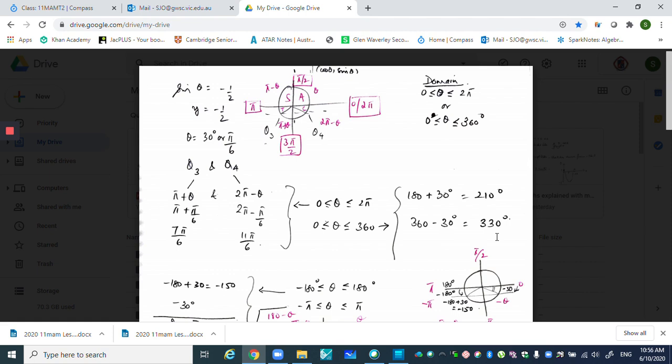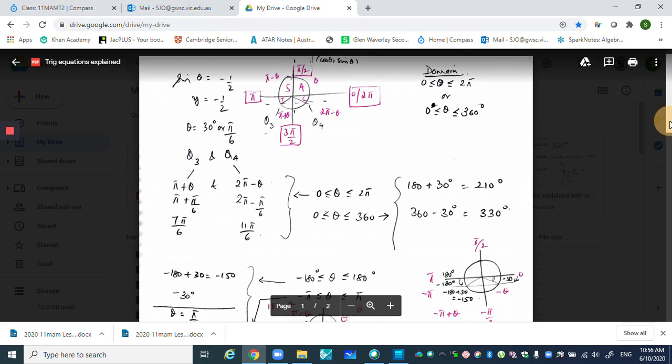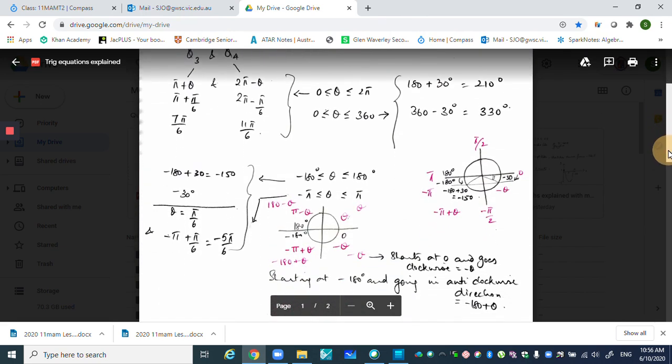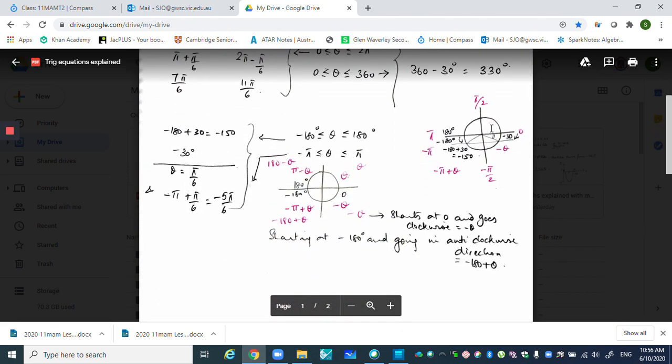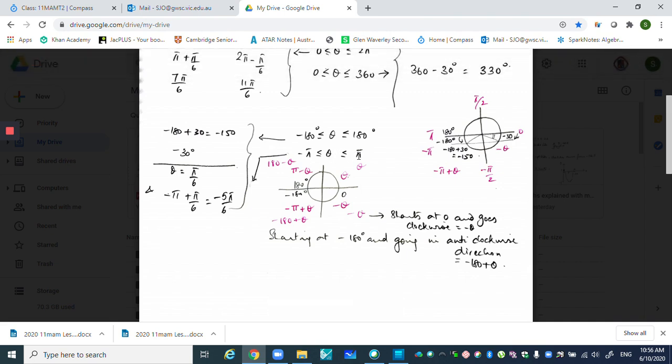Now let's look at a slightly more difficult domain, and that will test you on your knowledge of negative angles. What if they give you theta lies between minus pi and plus pi, or in terms of degrees, minus 180 and plus 180? If they're talking about theta lying between minus 180 and plus 180, obviously what they mean is this angle here, and that means in these two quadrants.